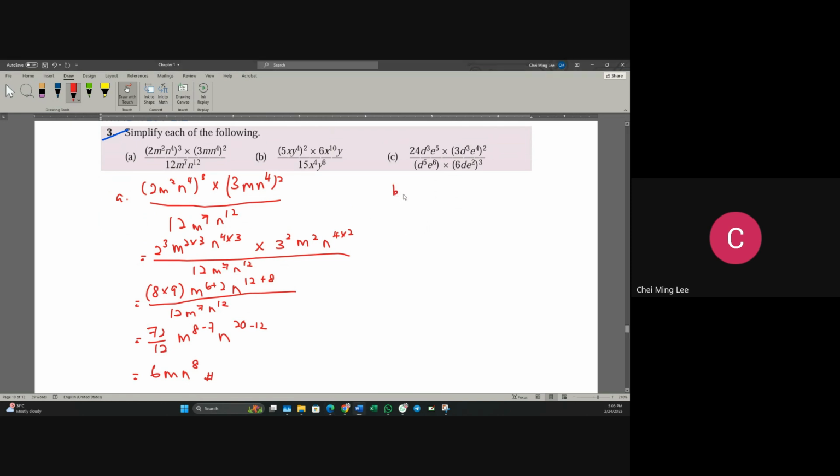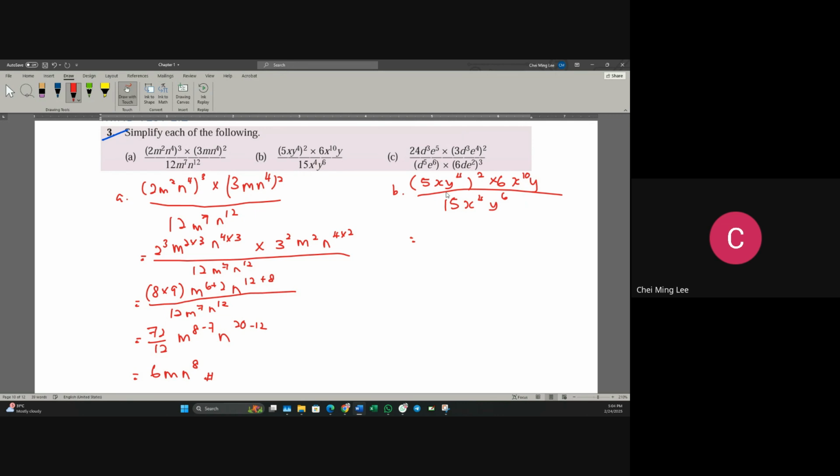All right. So now for B, 5xy to the power of 4 whole thing to the power of 2, multiplied by 6x to the power of 10 y, and then divide by 15x to the power of 4 y to the power of 6.